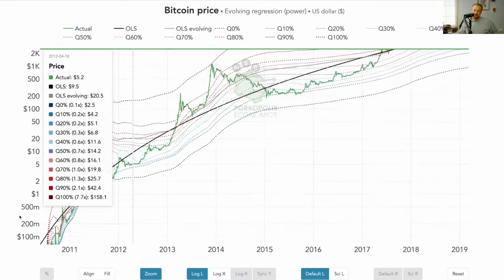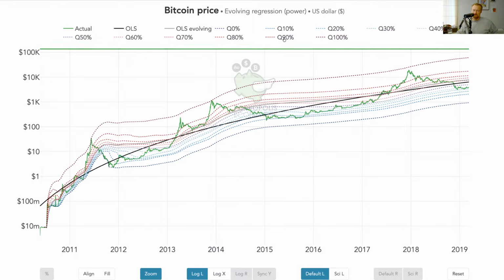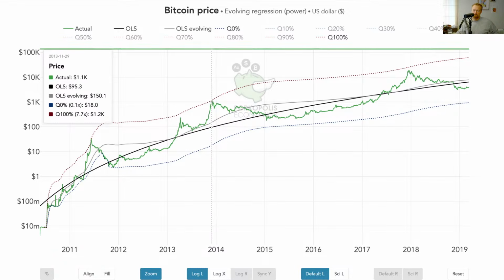To be precise, the most extreme moves, already back in 2011 and 2013, could be 7, 8x the trend, or go down to 0.1x the trend.